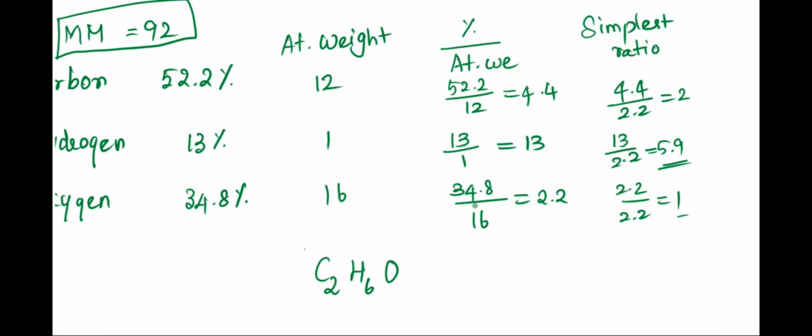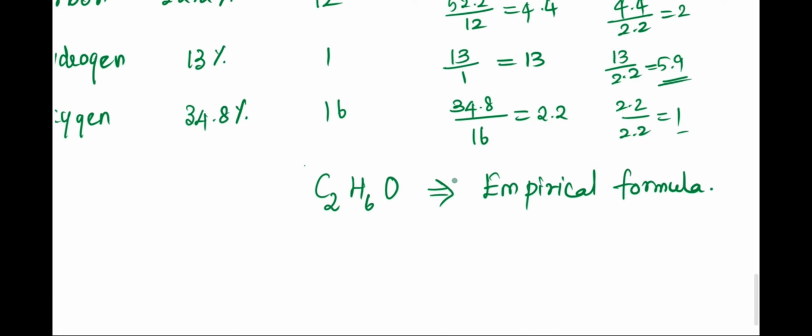So this is an empirical formula. It's not a molecular formula. It is the simplest ratio of the elements we are getting. Now we are going to find the molecular formula out of this. How? As I said, it is a multiple of the empirical formula.